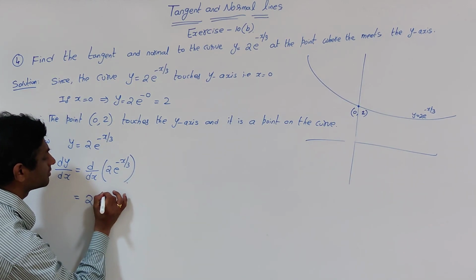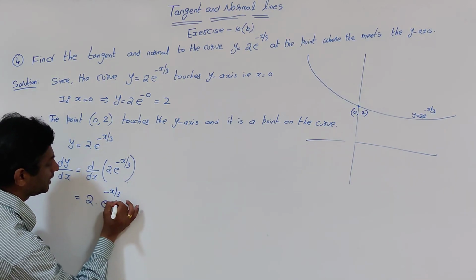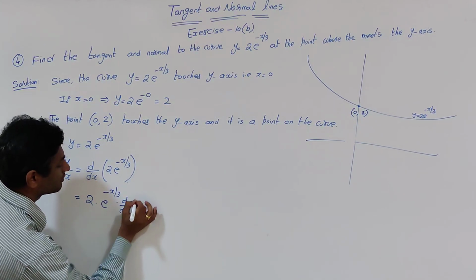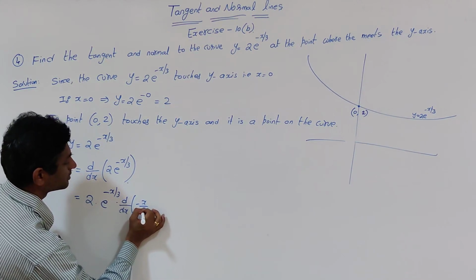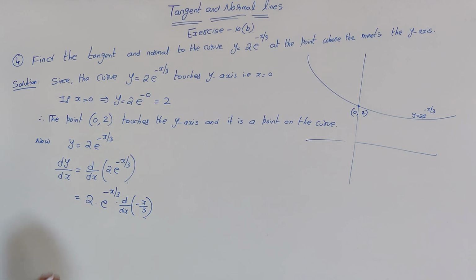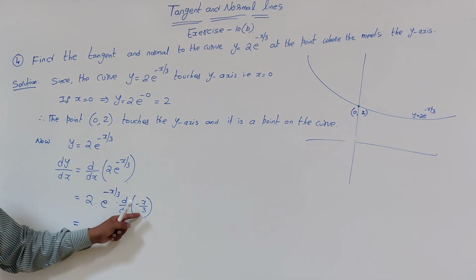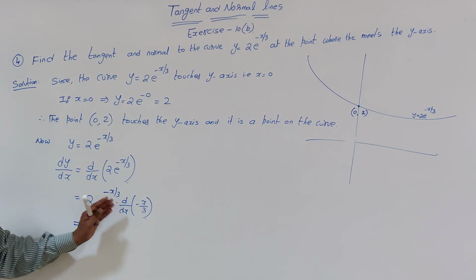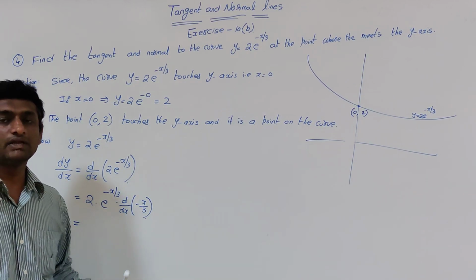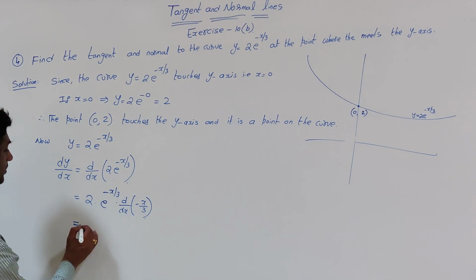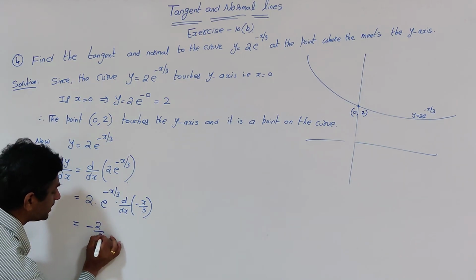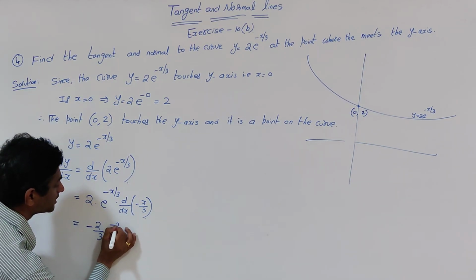So e to the power of minus x by 3 into d by dx of minus x by 3. The derivative of minus x by 3 is minus 1 by 3, as minus 1 by 3 is constant, left over with x, and the derivative of x is 1. So minus 2 by 3 e to the power of minus x by 3.